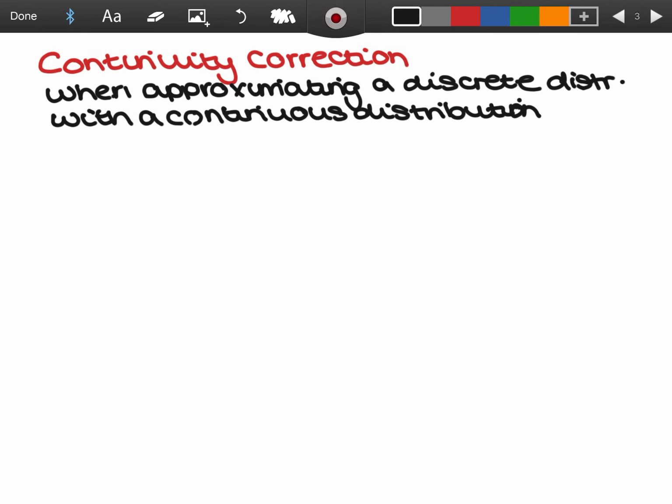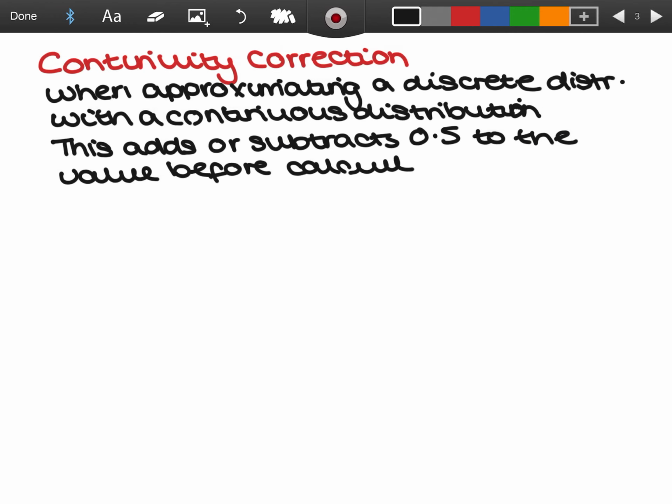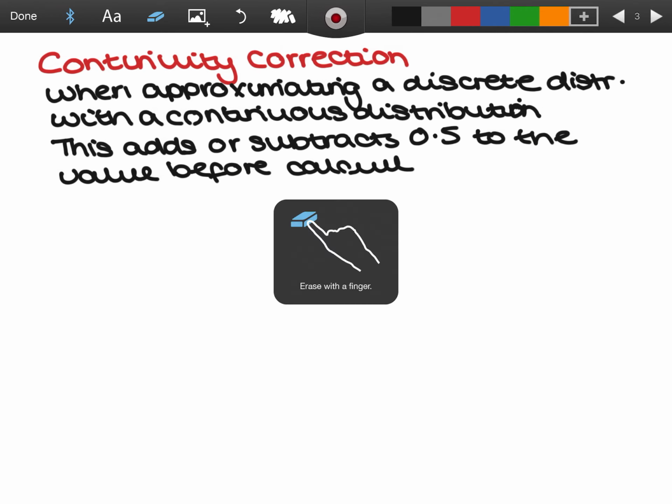So what it does is it adds or subtracts 0.5 to the value before calculating the probability.